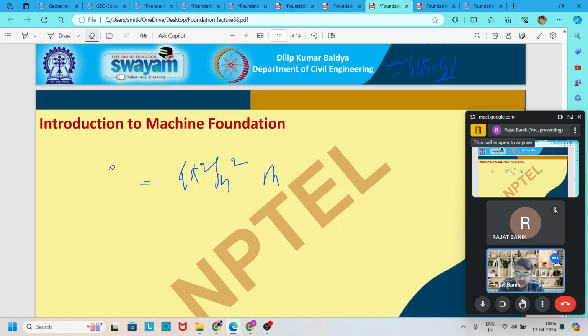So K first find 4 pi square Fn square into m. We have to find Fn in CPS. So 1650 divided by 60 becomes 27.5 CPS.